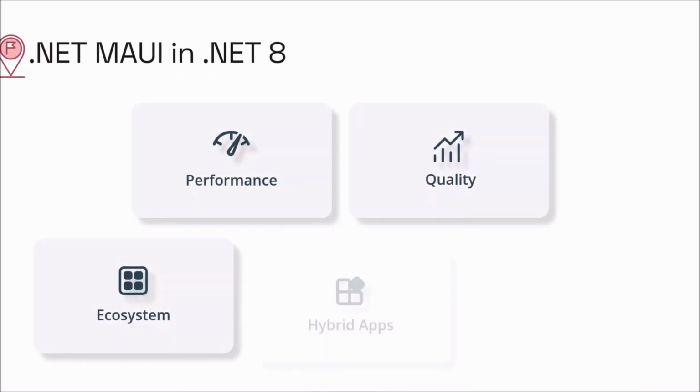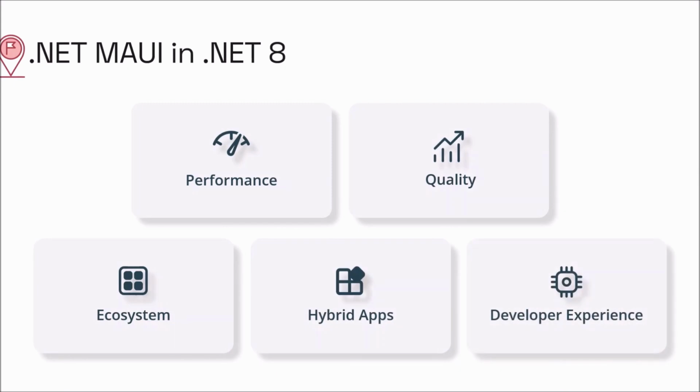So our final destination for now is .NET MAUI with .NET 8. This has, of course, a lot of focus on performance because it's really important to look also at quality in .NET MAUI with .NET 8.